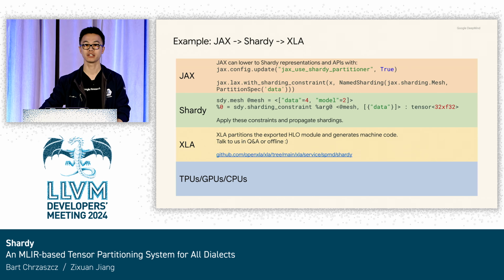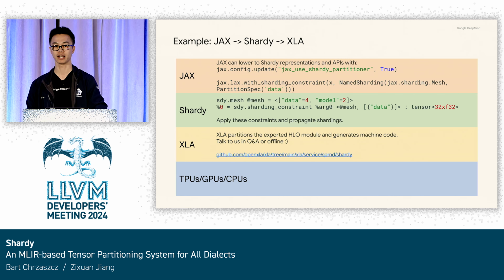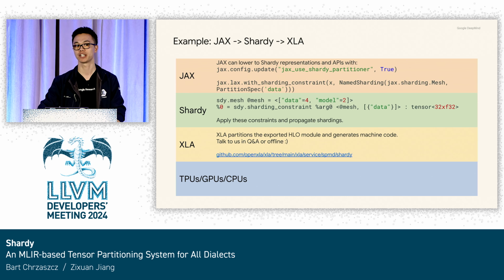For example, now you can experience Shardy directly in JAX. In JAX, you can just enable the Shardy partitioner flag, and use the original JAX sharding-related APIs, for example, JAX NamedSharding, JAX Mesh, JAX sharding constraint, and so on. We will just lower them to the Shardy representation directly.